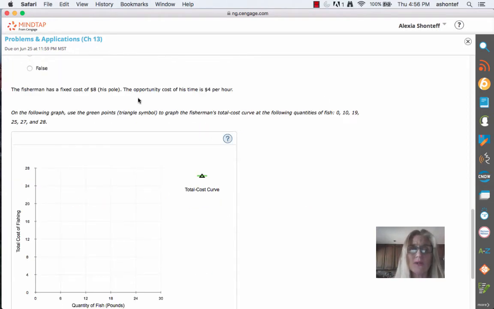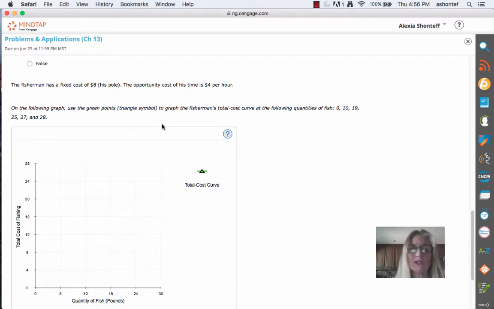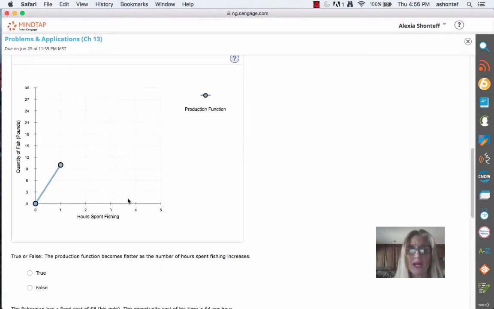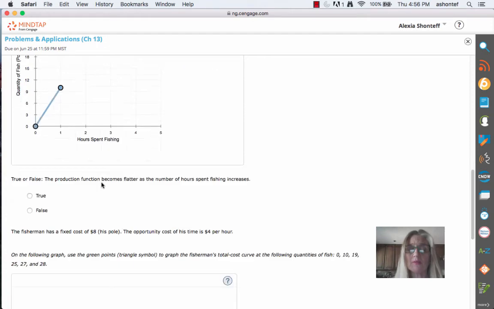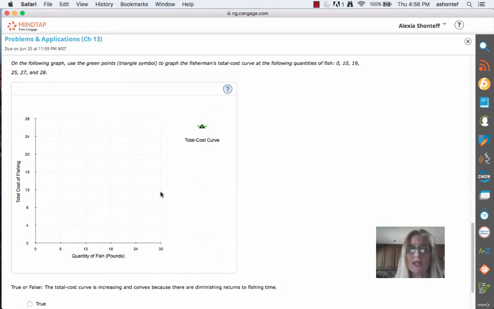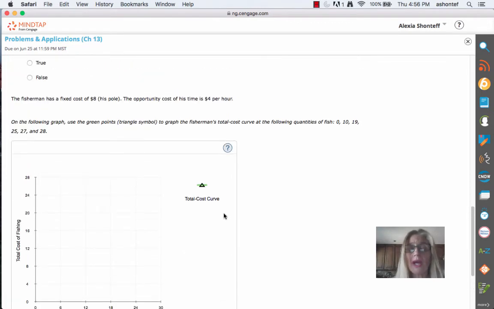Okay, so continuing on, the next part then starts giving you a little bit more information. So what you're doing, you're taking the information that you were given about production, the quantity of fish in pounds, which is what we were doing in the previous part of this question, but now we're turning this into costs. So in order to do that, you have to be given some information, which you are.